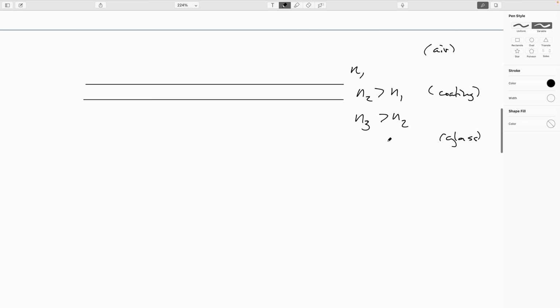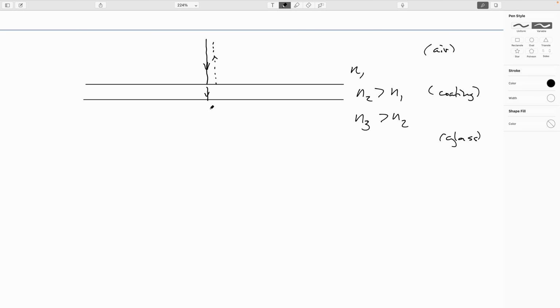So in a situation like this, if light were to come in to this first surface, some of the light will get refracted through. And we saw that there will be no phase change there. But some of it will get reflected. And because this is a higher index than this, we'll have a phase change. Now, what about the light that went on through here and got reflected here?